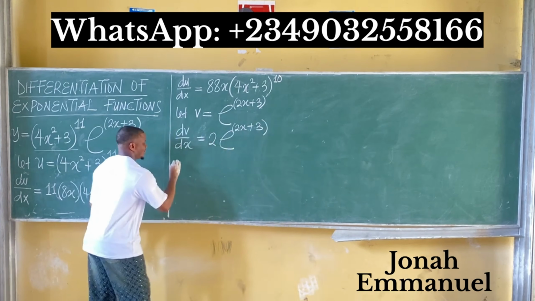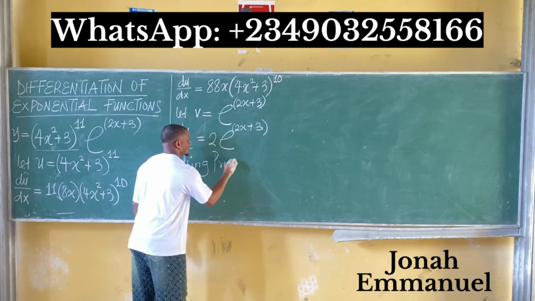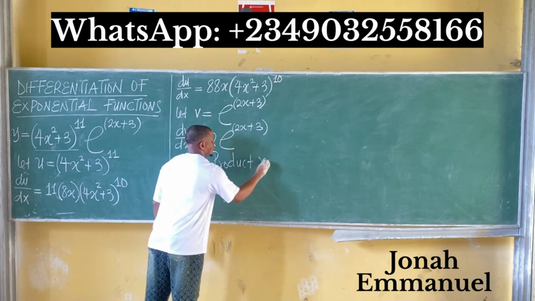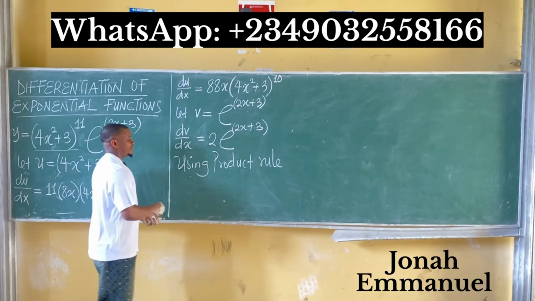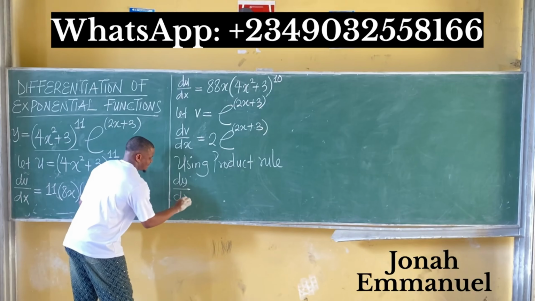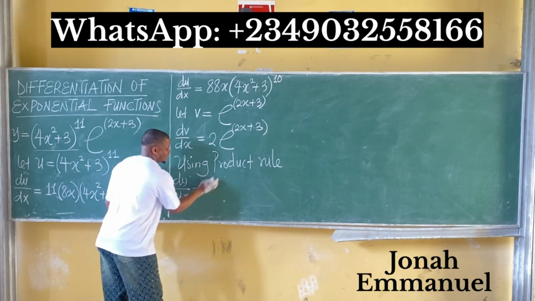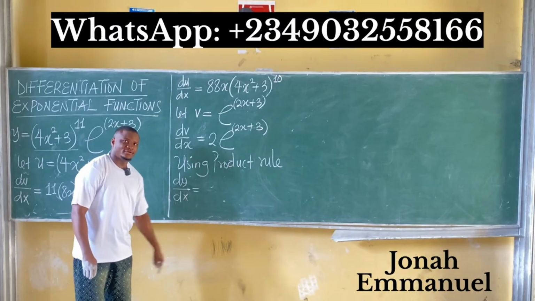So at this point, we can now say, using product rule, what's the formula there? dy dx is equal to what? Hold on. Sorry, no, not u. It's v.